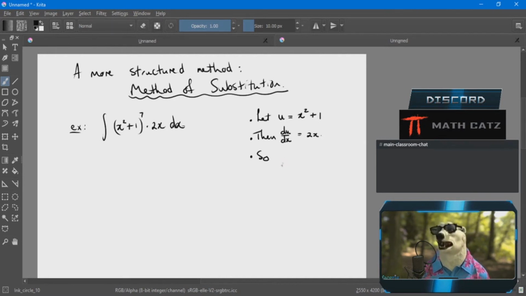This method is trying to make things easier. So in that, we are going to use a little trick where we are going to see this little d notation as an actual fraction of what we call differentials.